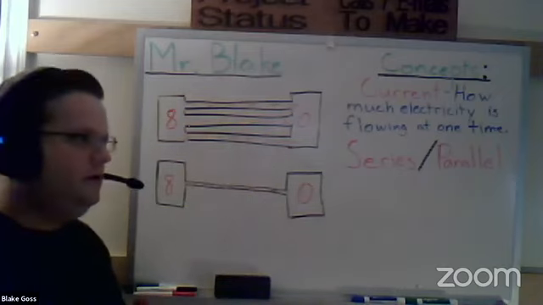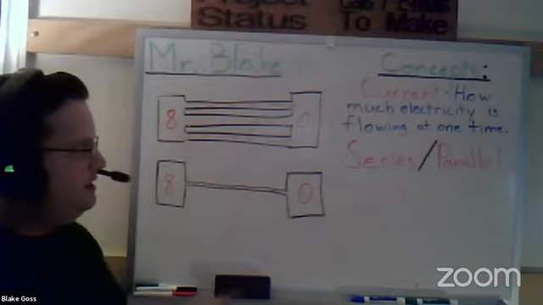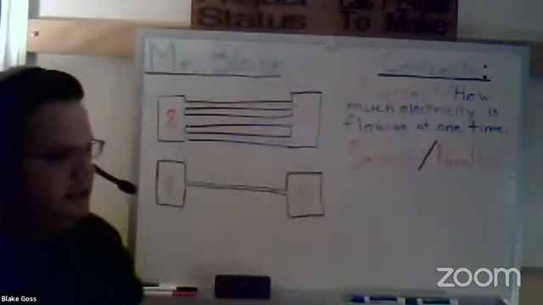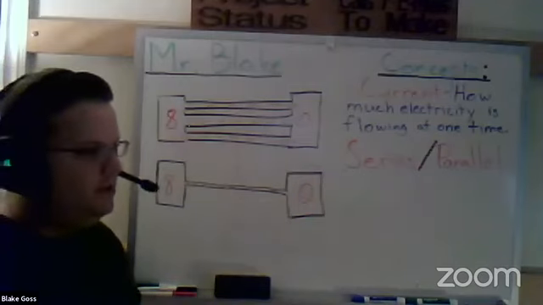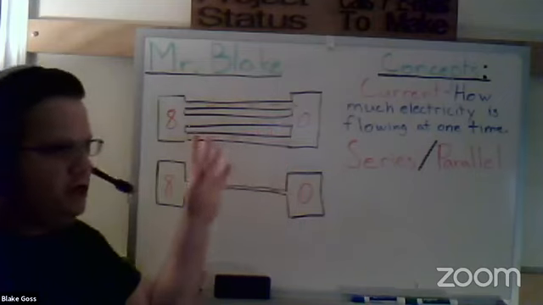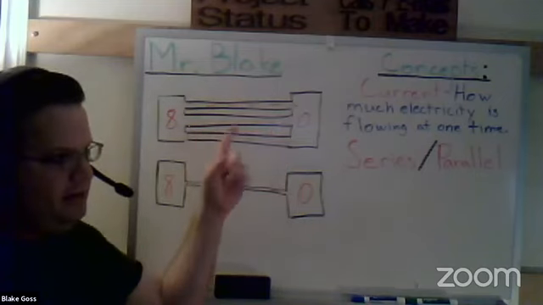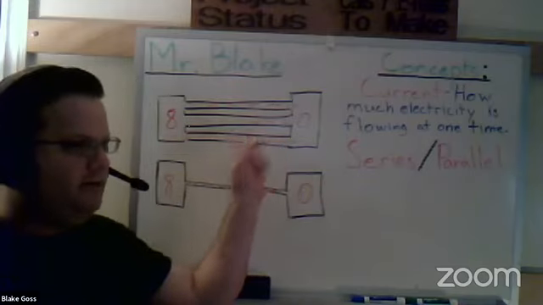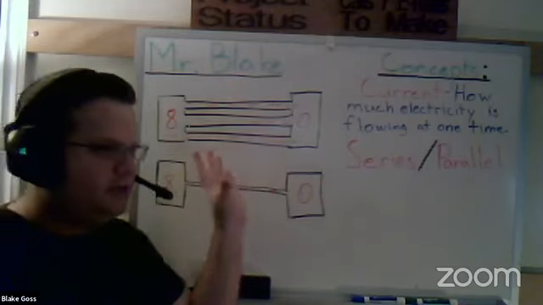So today, our main concept, current, is how much electricity is flowing at one time, whether we're talking about the size of individual pipes or if we're talking about there being many, many pipes all at once. The more pipes you have, the bigger the pipes are, the more electricity is flowing.